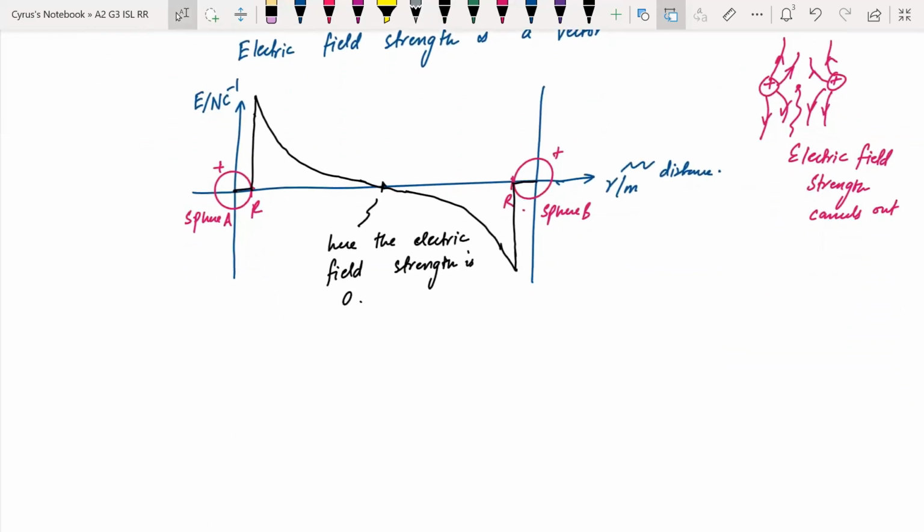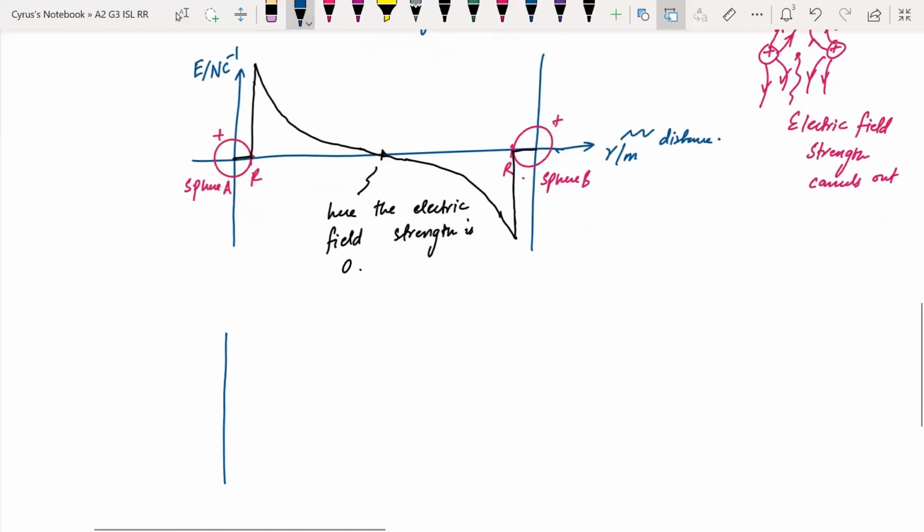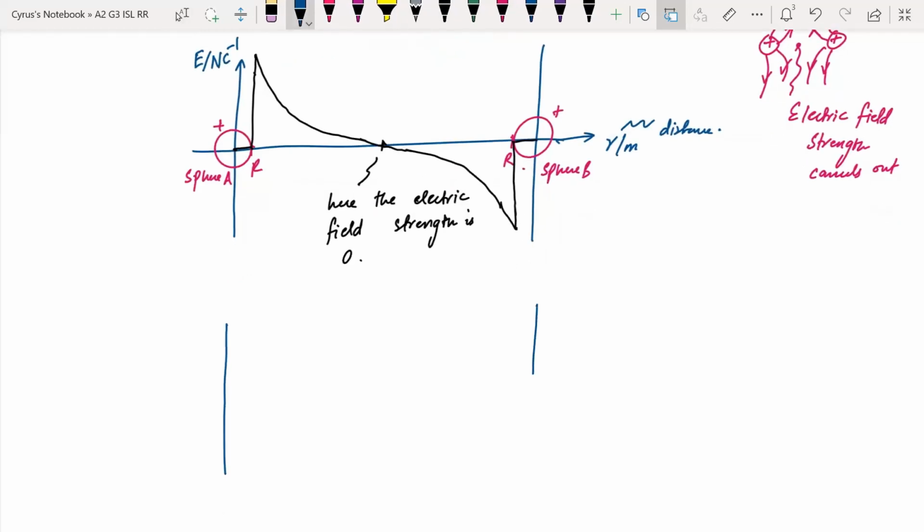What if I have two solid metal spheres and they are oppositely charged? So I have here something like this. We have something of this sort, and we have something of this sort, right? And I have one sphere here, and I have one sphere here.